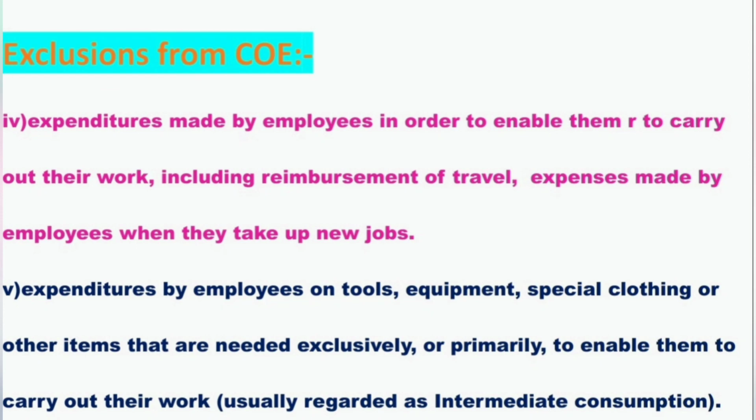Then expenditure made by the employee in order to enable them to carry out their work, including reimbursement of travel expenses, is not counted. Expenditure by employees on tools, equipment, special clothing or other items that are needed exclusively to enable them to carry out their work, like uniform, is not regarded as compensation of employees. It is regarded as intermediate consumption.